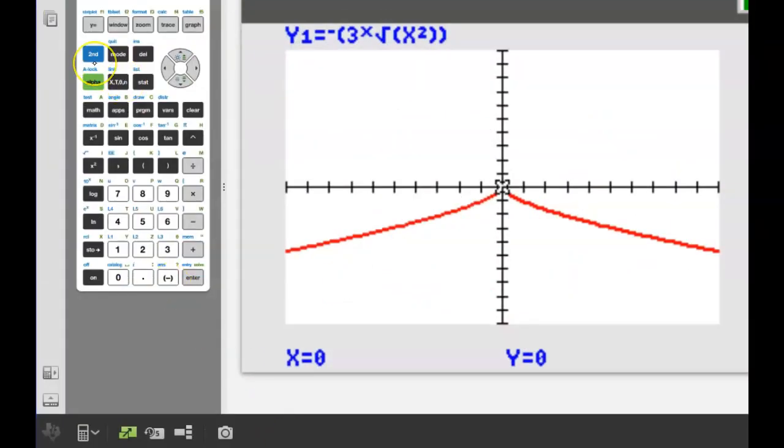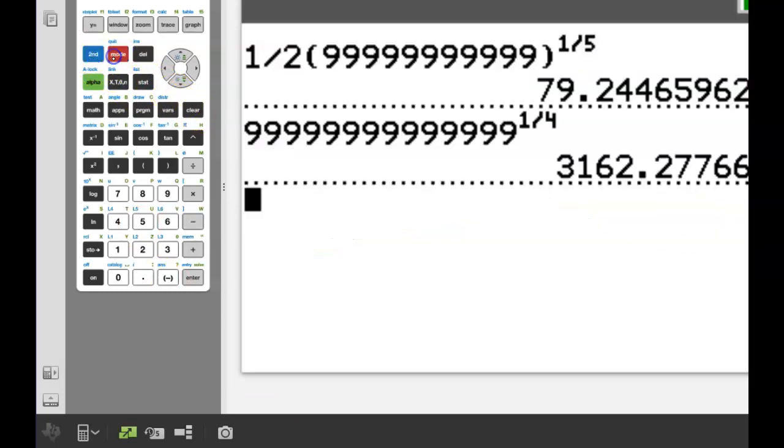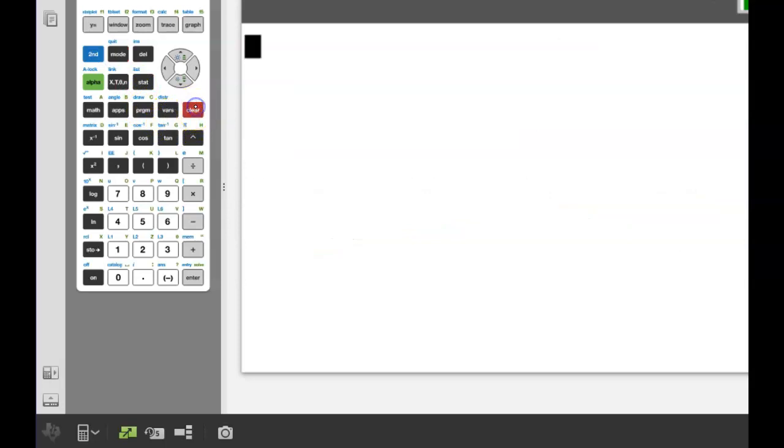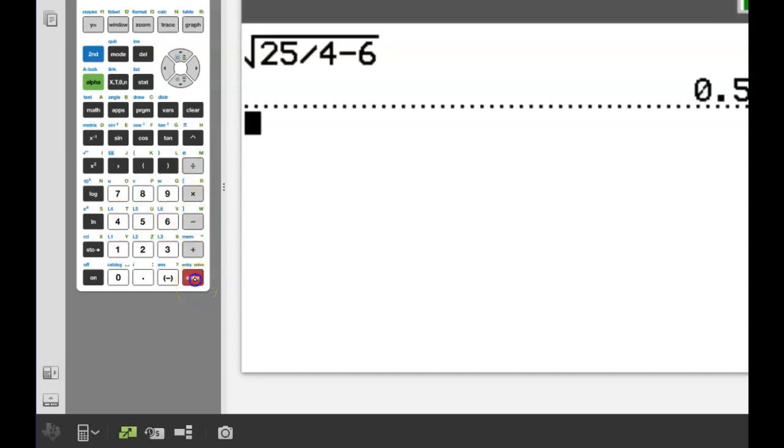The left side was what? Square root of b, which is 25/4, and then minus 6, and that's it? Okay, and then what's the right side say?